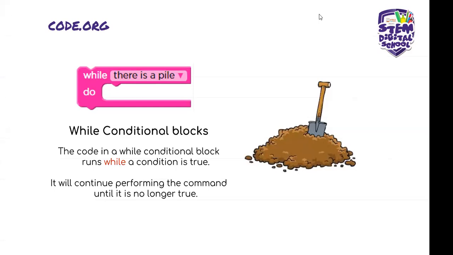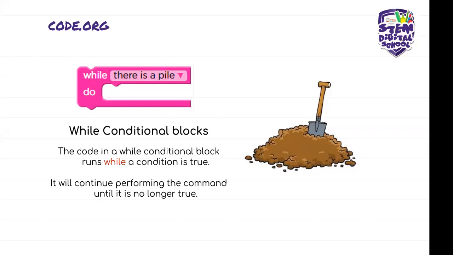So the code in a while conditional block runs while a condition is true. So while there is a pile, our little farmer will remove it.